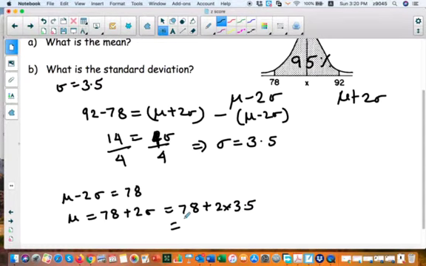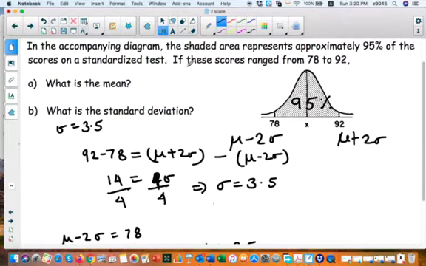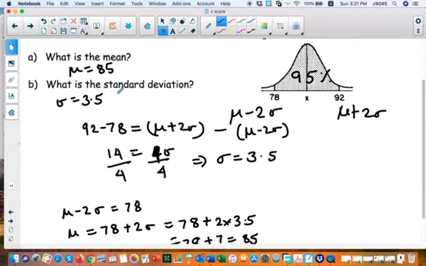So 78 plus 7 gives us 85. So the value of mu, the mean, for the given question is going to be 85. So this is how, depending on the criteria or the information provided in the question related to z-score, we can solve these questions. Thank you.